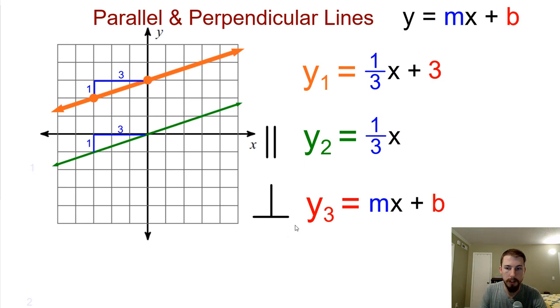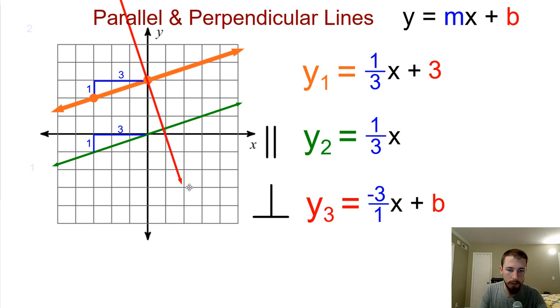All right, the other thing we want to do is a perpendicular line. A perpendicular line is going to have an opposite reciprocal slope. So the opposite reciprocal of 1/3 is going to be -3, or -3 over 1. And then for our y-intercept, we can put that anywhere we want. So this is going to be the opposite reciprocal slope. Now we're going down 3, 1, 2, 3, and over 1.